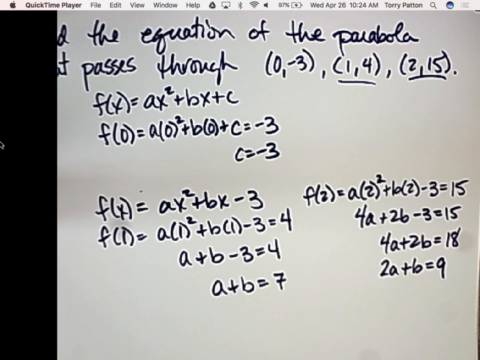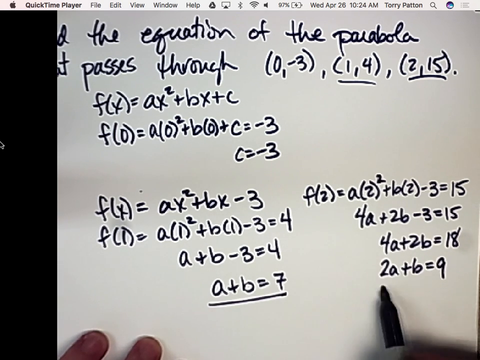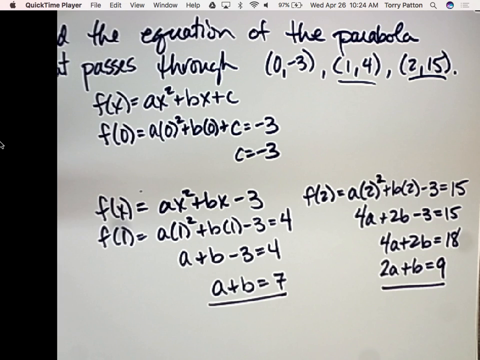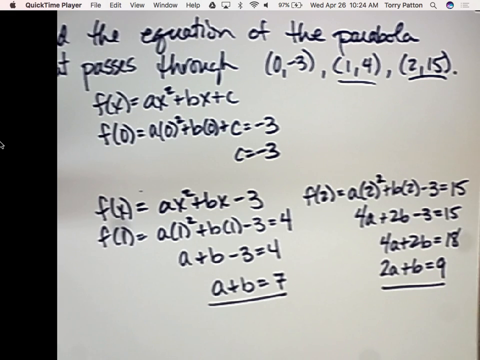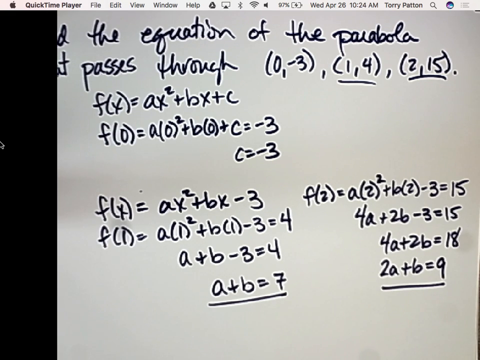Okay? Now you have a system of two equations that we learned 50 million ways to solve. You can solve by graphing, by substitution, by elimination, you can use Cramer's rule, inverse matrices, so anything you want.